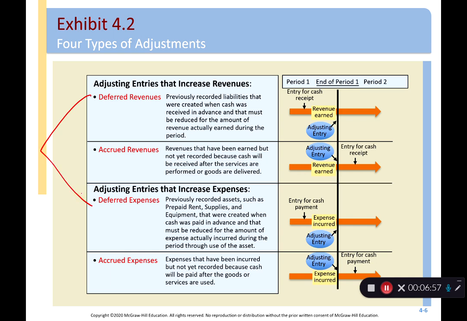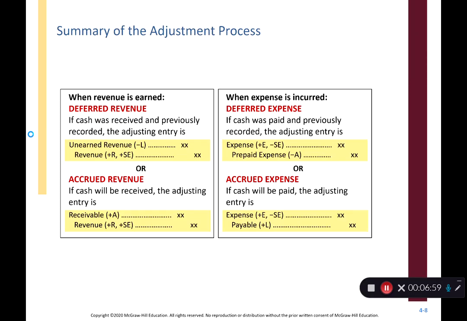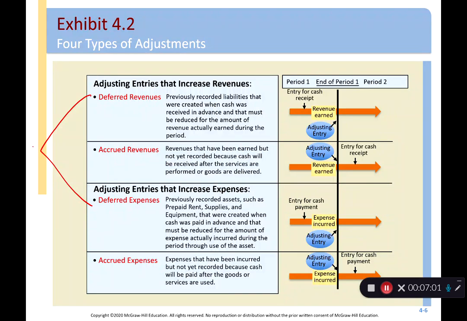With deferrals, cash comes before year-end and the adjusting entry. With accruals, cash comes after. And I remember the difference between the two, because after and accrual both start with the letter A. So the accrual is the one with cash after, deferrals are cash before.